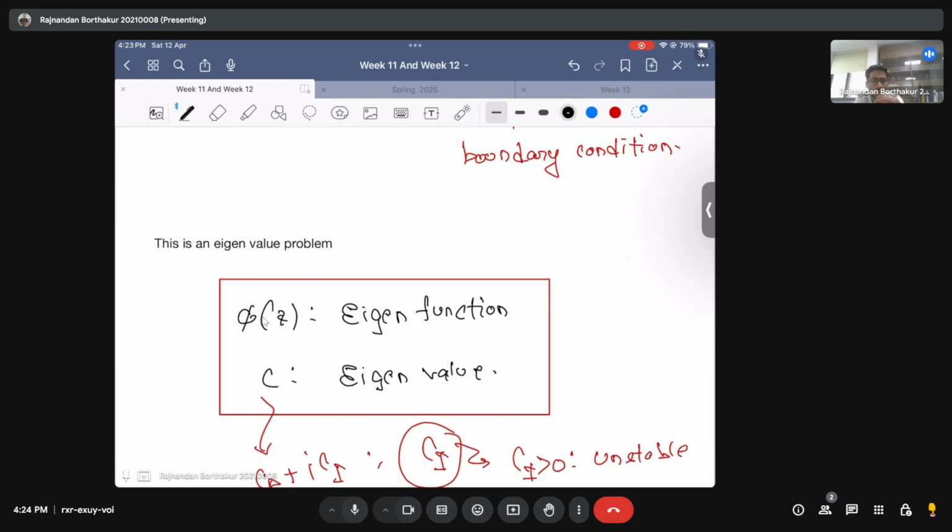Even though you don't get the eigenvalue by directly solving this analytically, you can still do much more analysis on it, using these criteria to see whether the given base flow is stable or not. And finally, we'll see the Howard semicircle theorem, and then I'll show you one example of how to solve an eigenvalue problem, and I think this will be sufficient for wrapping up these discussion sessions.